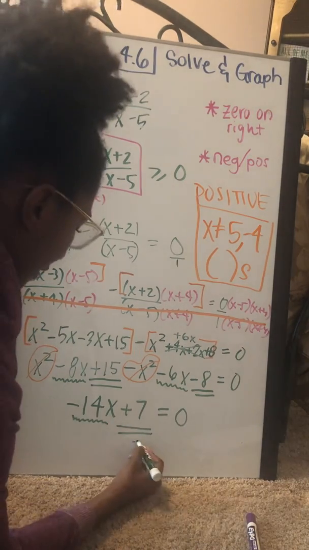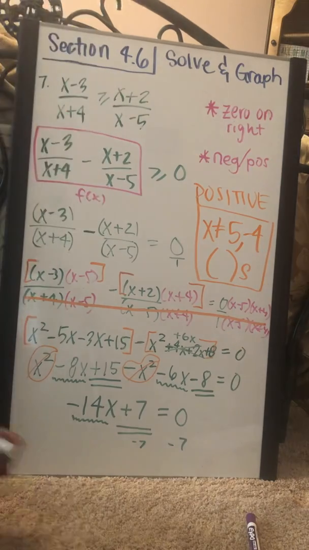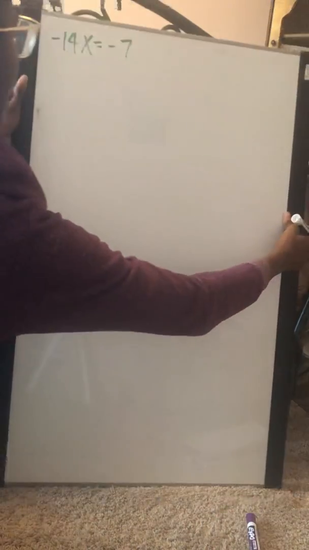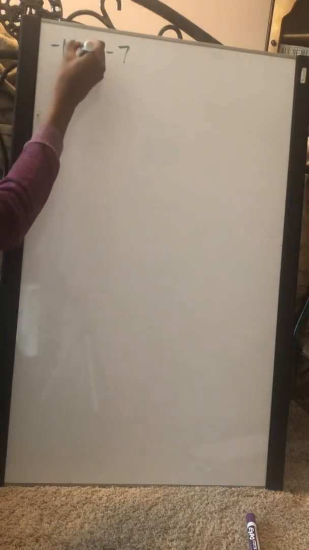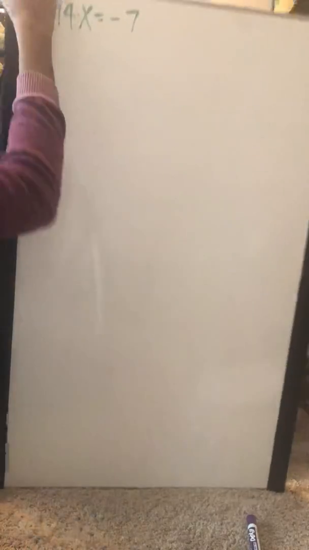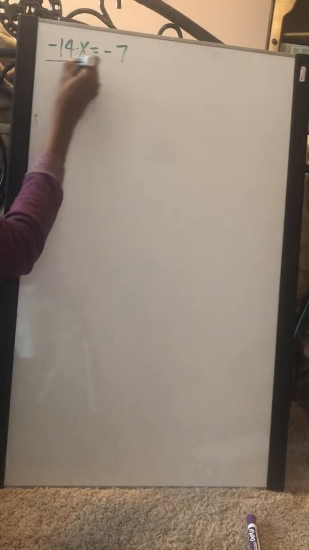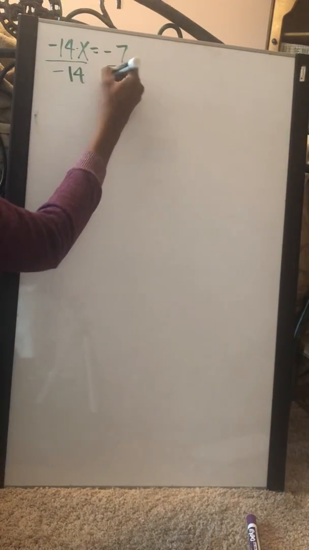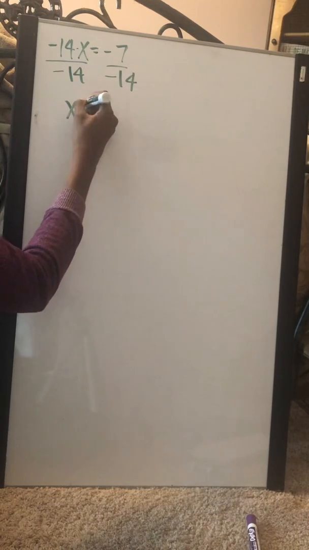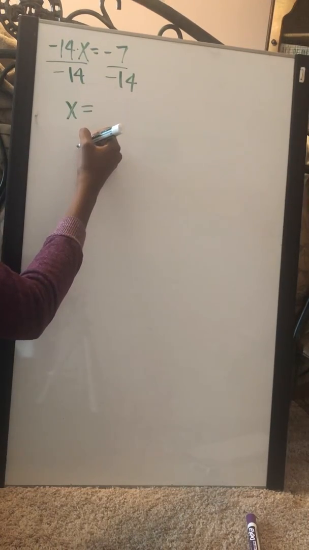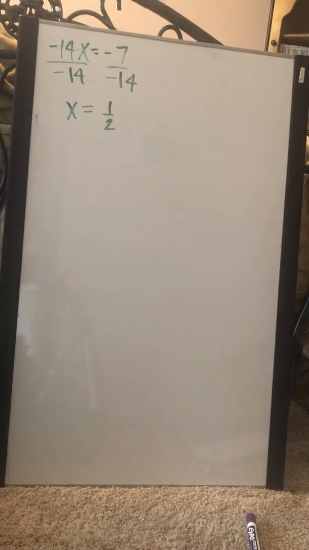We subtract this 7 on both sides, and we're left with negative 14x is equal to negative 7, okay? So now that negative 14 is connected to the x by multiplication, so to reverse that, we need to divide both sides by negative 14. Okay, so here we have x is equal to positive a half.